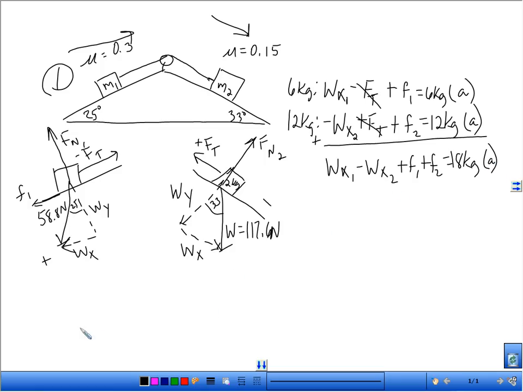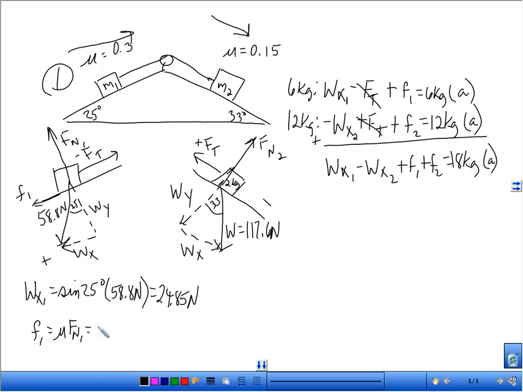So now I'm going to go off and solve for everything. So Wx1 is going to be the sine of 25 degrees times 58.8. So if I punch that in my calculator, the sine of 25 degrees times 58.8, I'm going to get 24.85 for my Wx1. And my friction 1 is going to be mu times my force normal 1.